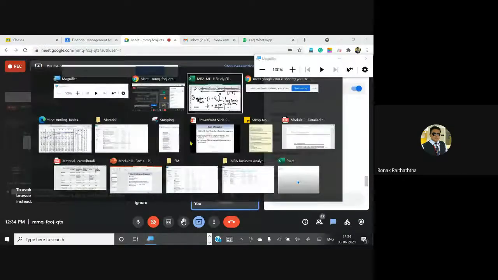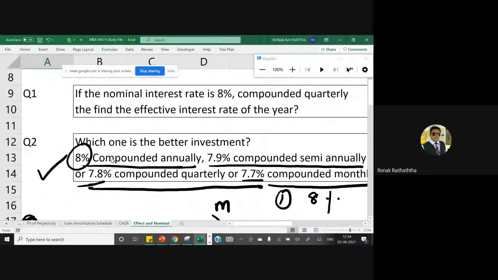Please let me know the effective rate of quarterly compounding and monthly compounding as well.